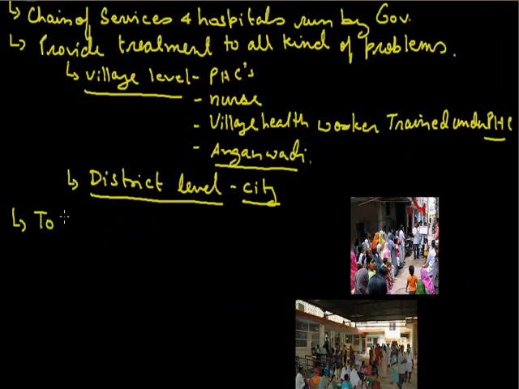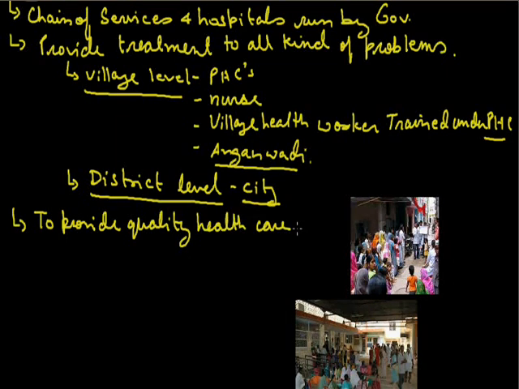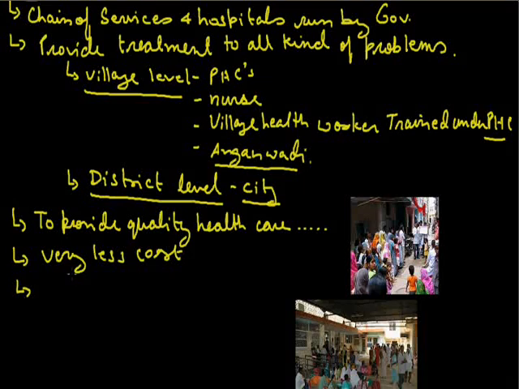Its main aim is to provide quality healthcare to all the people at very low cost so that everyone can seek treatment. The medical facility should be affordable for all the people.